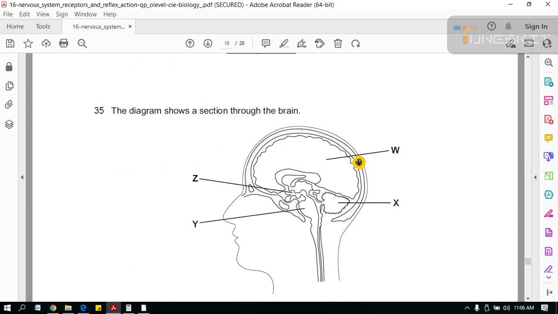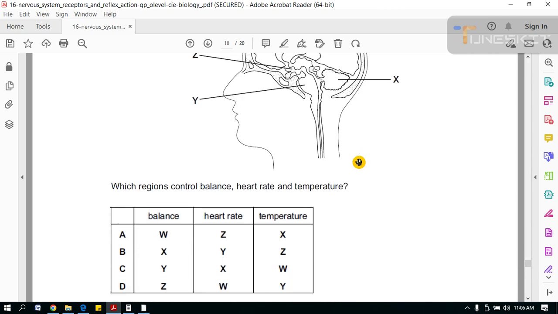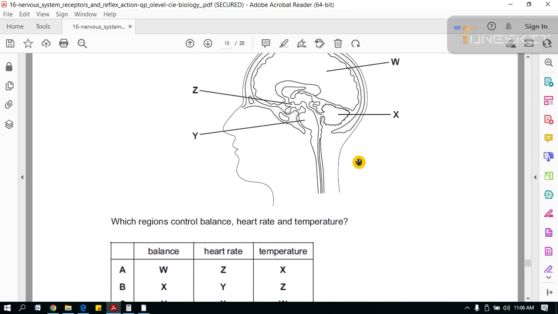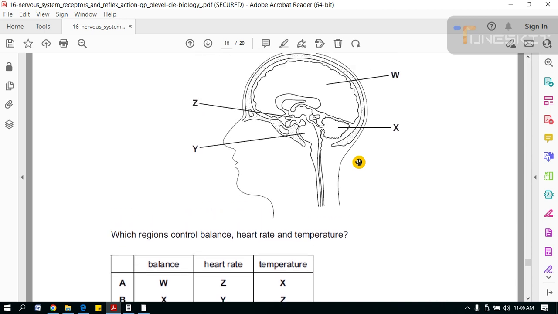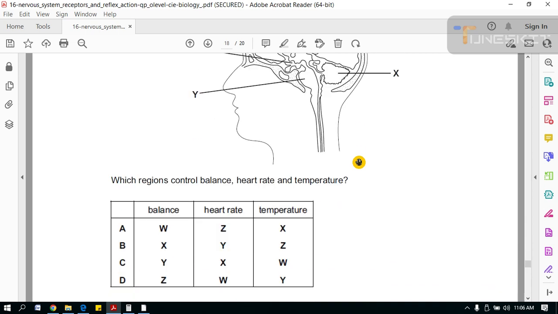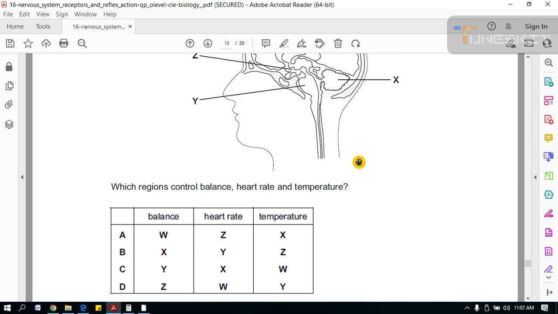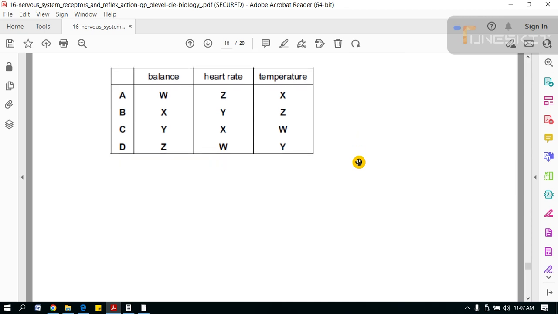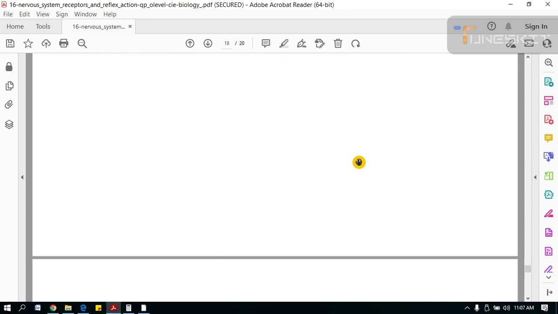Heartbeat is controlled by medulla oblongata and it is Y. Then temperature is the function of hypothalamus, and that is Z. So X, Y, Z. Your option B is correct, dear students. Option B is correct in this case.